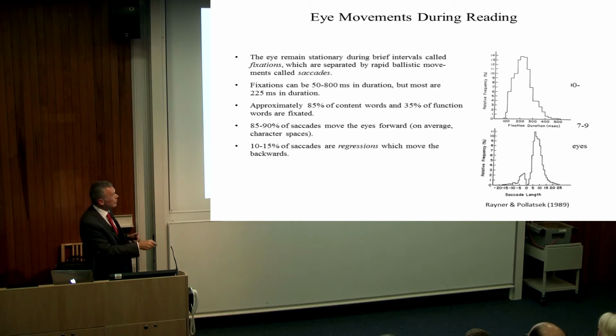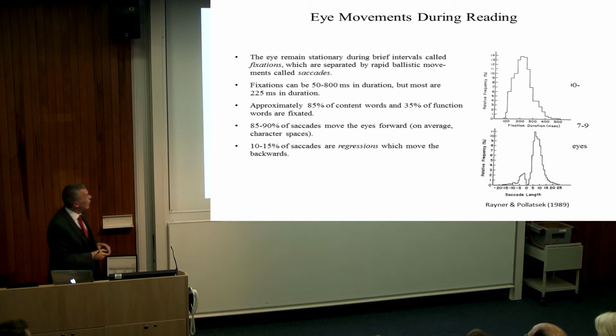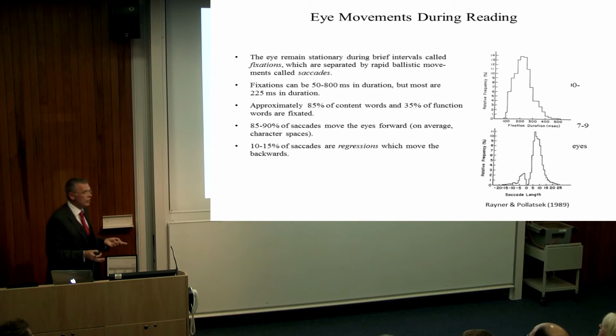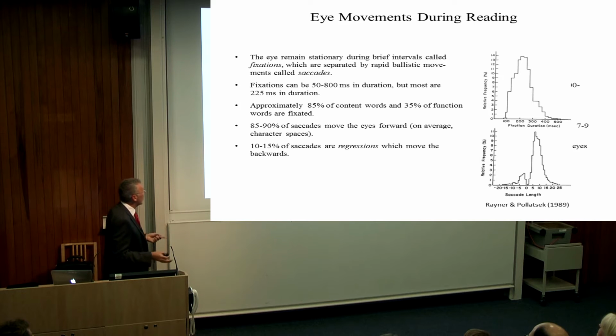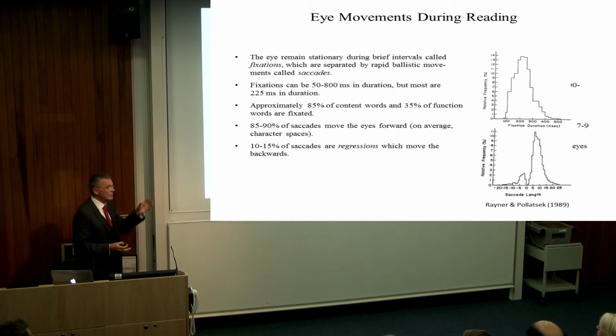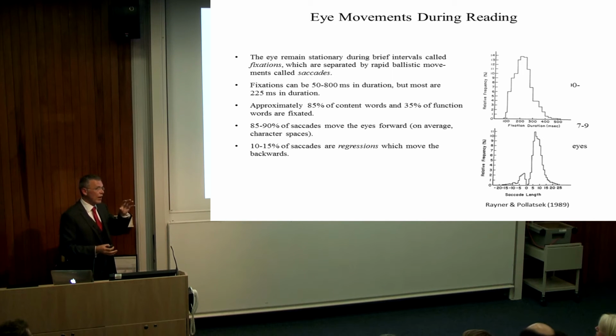You can see that they extend from less than 100 up past 500. On top of that, approximately 85% of the content words and 35% of the function words are fixated at least once, and the majority of the saccades move the eyes forward, but approximately 10-15% of the saccades are actually regressions, which move the eyes back to earlier parts of the text.